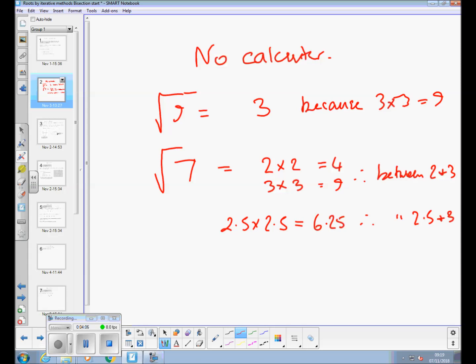Something that you can multiply together. Two and 3/5.